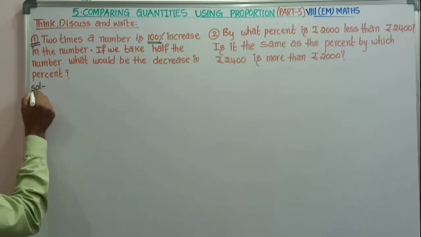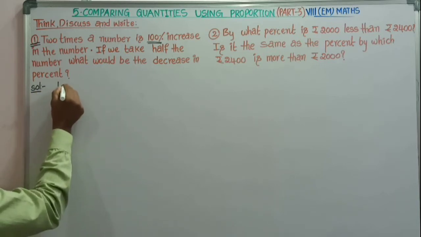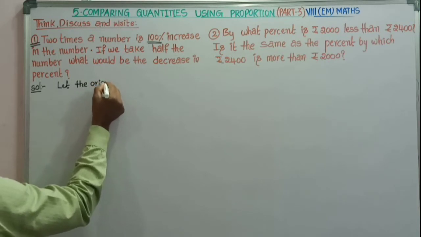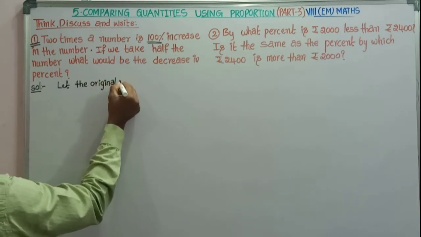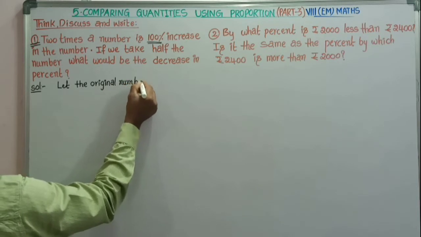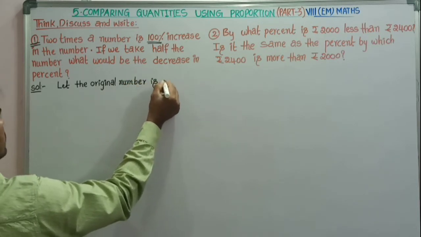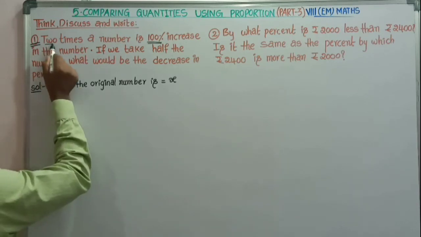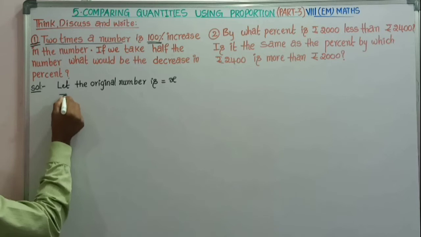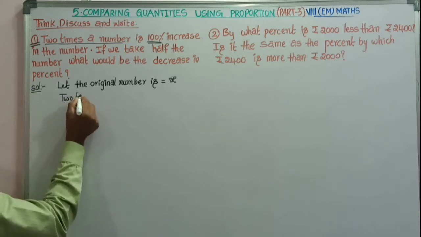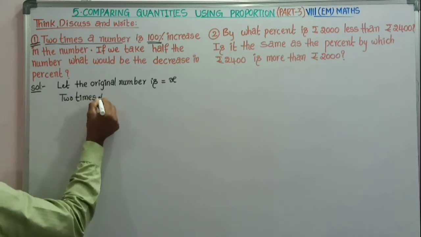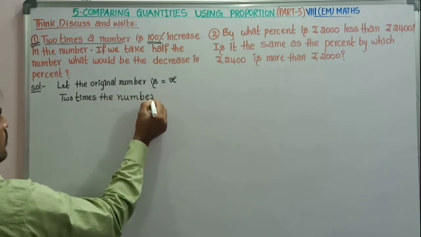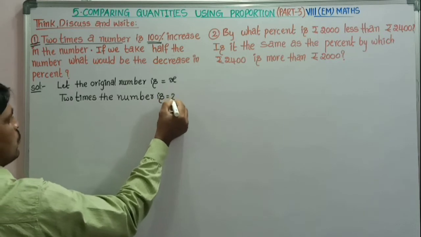Solution. Let the original number be x. If the original number is x, then consider 2 times the number. 2 times the original number is equal to 2x.